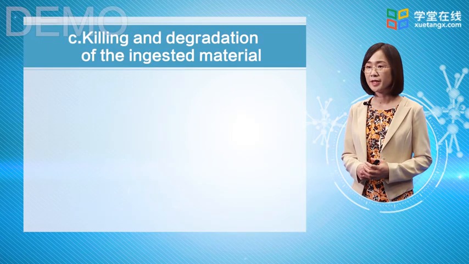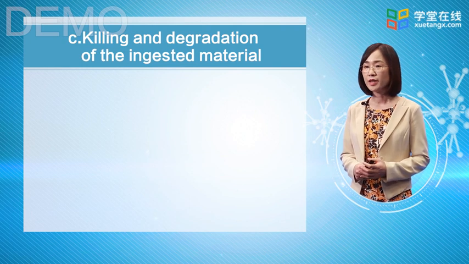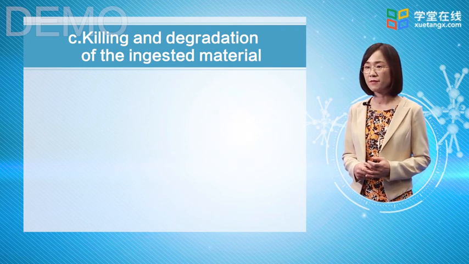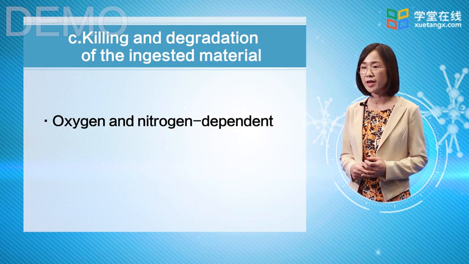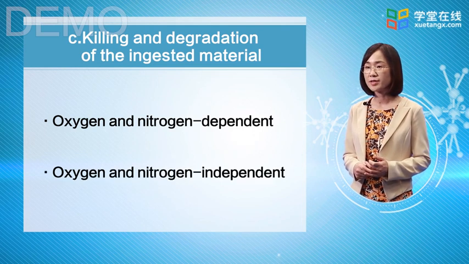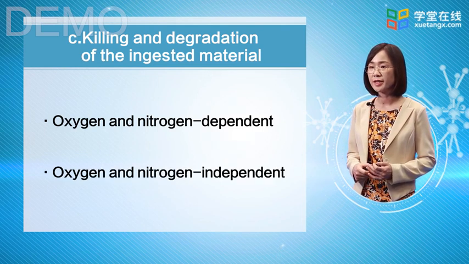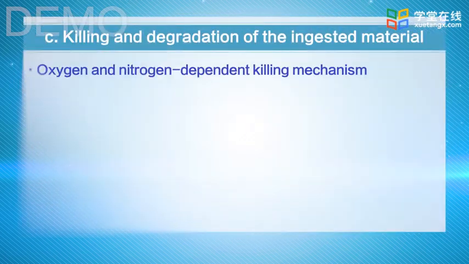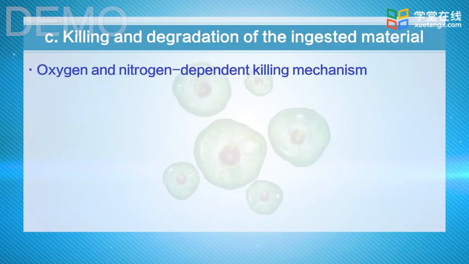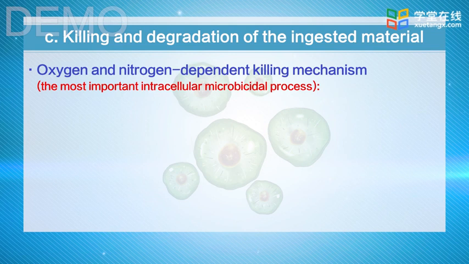The final step is killing and degradation of the ingested material. It is accomplished within the phagolysosome by oxygen and nitrogen dependent and oxygen and nitrogen independent killing mechanisms. The oxygen and nitrogen dependent mechanism is the most important intracellular microbicidal mechanism, stimulating an oxidative burst with a rapid increase in oxygen consumption.